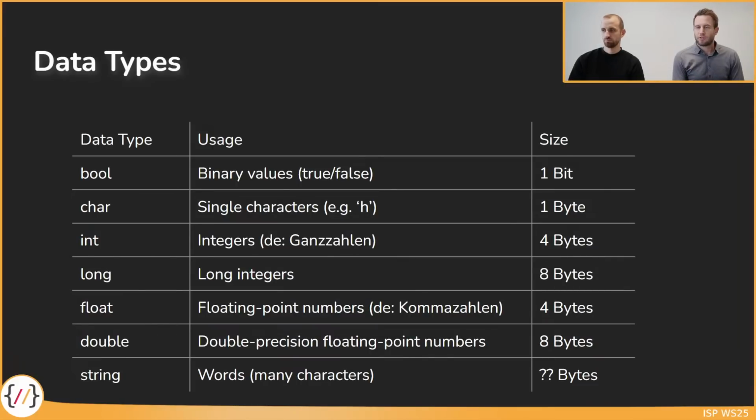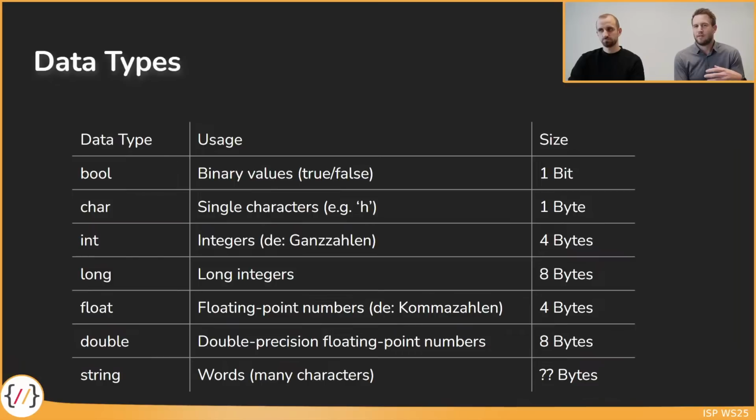And here we have a short overview of the most important data types used in computer science in general, where we can see the first one, which is a Boolean. It can just store true or false, so just two different values, as we also have seen in the example before with yes and no. So there's just one bit needed for this type of information.